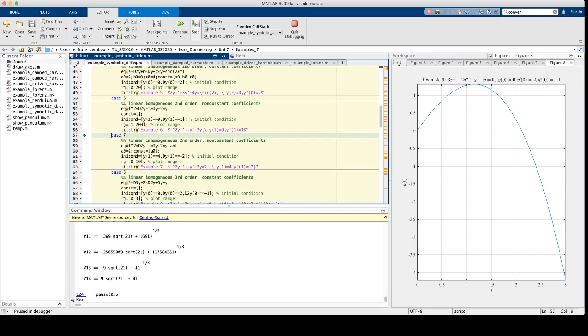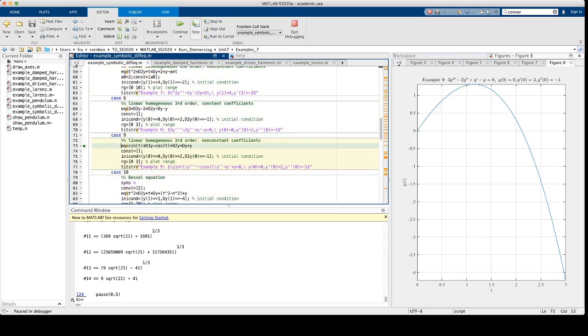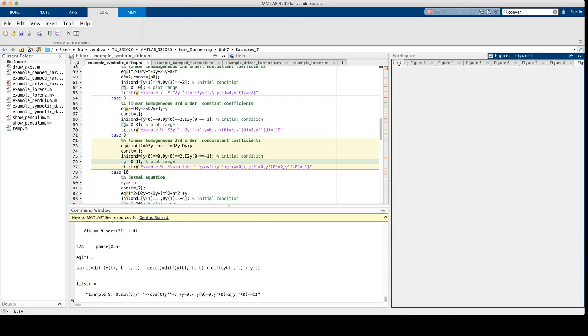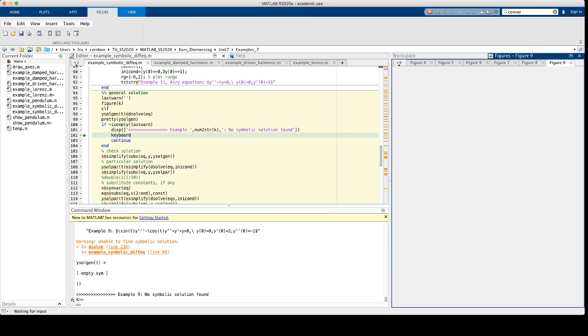Example 9. This is now a linear homogeneous third order equation with non-constant coefficients. The coefficients are sine of t for y triple prime and cosine t for y double prime. In this case, it turns out that dsolve is not able to find a symbolic solution.